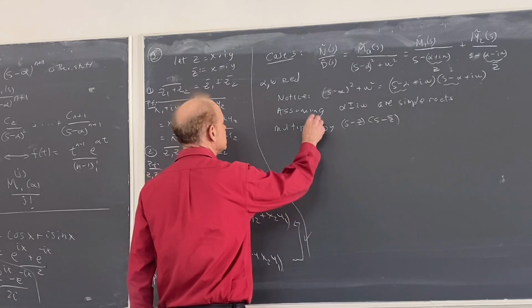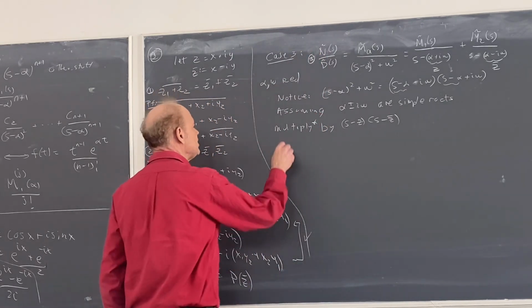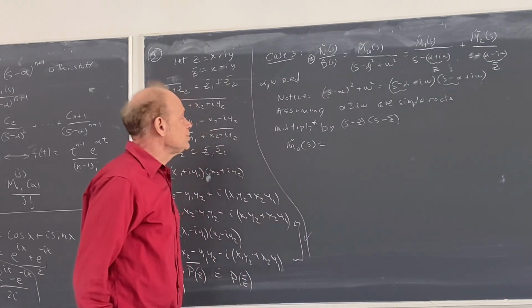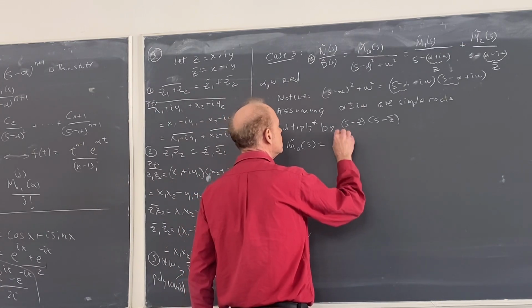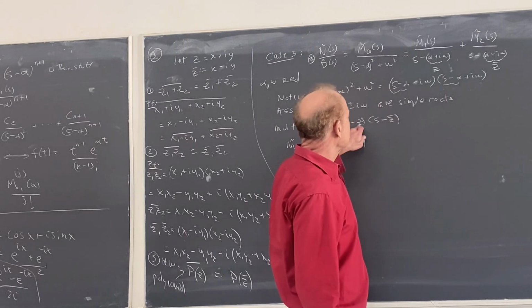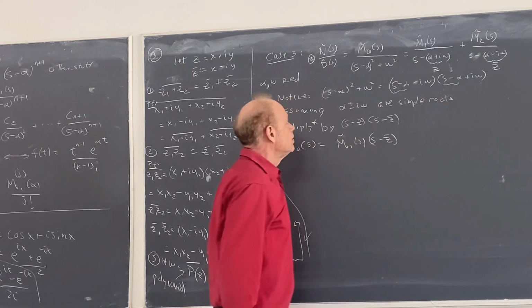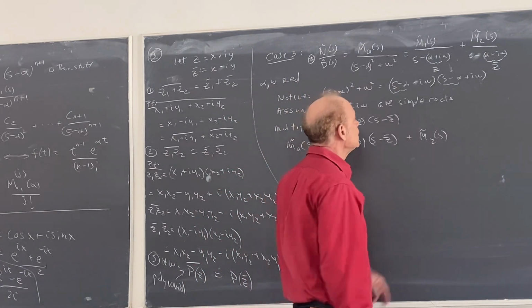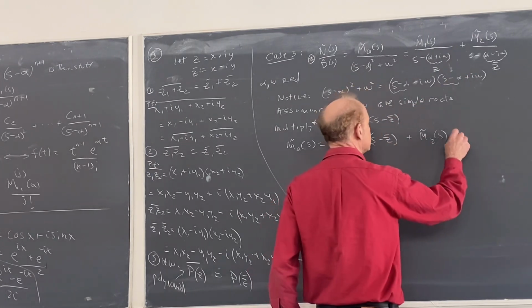And I'm going to multiply star by that, where this is star. So that tells me that MA tilde of S is equal to M1 tilde of S. Well, I'm multiplying by S minus Z, they cancel, S minus Z bar. And the next term, M2 tilde of S, is multiplied by S minus Z bar, that cancels, and I'm left with an S minus Z.